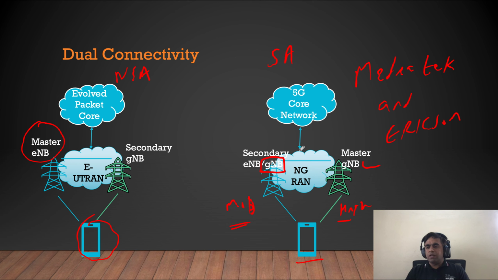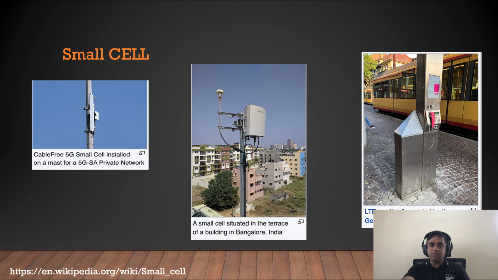Now let's look at the other feature for 5G, which is small cells. We talked about this wave, and we had seen that we have very minimal coverage around it. So what could be the solution? One is to have all these massive towers installed everywhere in the city, but that doesn't scale well.